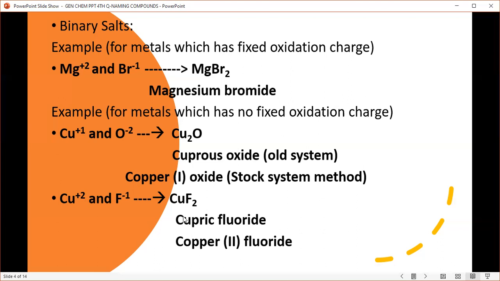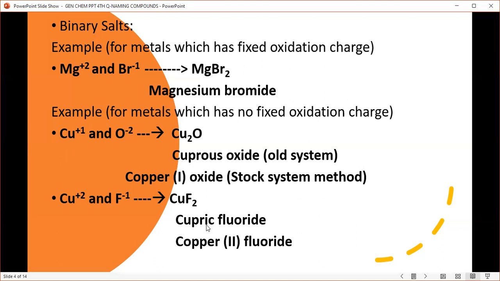For the old system, again, cupr is the stem of the other name for copper, cuprum. So cupr, that is the first syllable, and then we just simply use IC. Why? Because again, going back to the oxidation number used originally, that is positive 2, which is higher than the other oxidation charge of copper, positive 1.